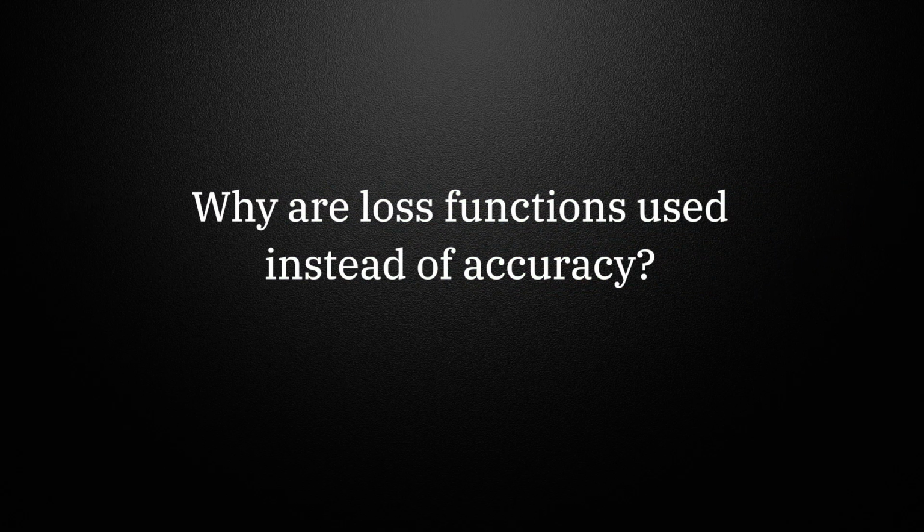Here is a question you might have. Why do we train our model on a loss? Why don't we train it on something like accuracy? Well, it turns out accuracy is not that useful for training because accuracy is a step function.